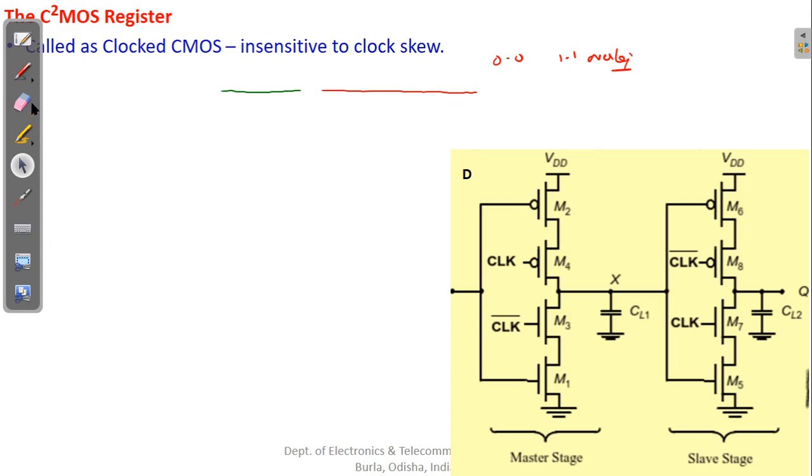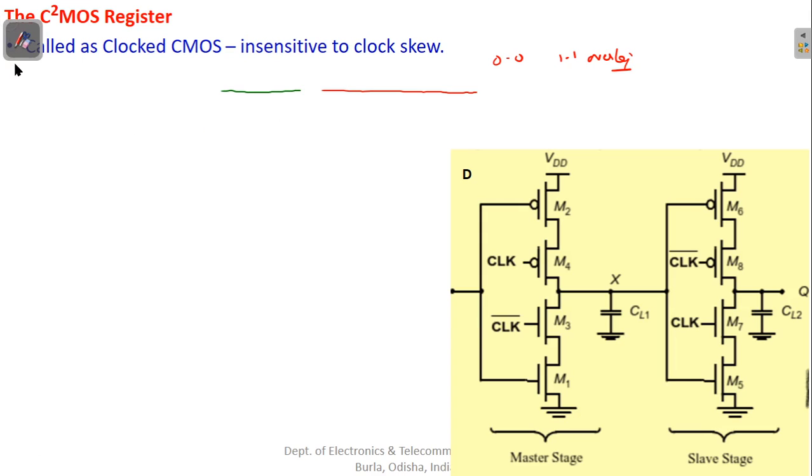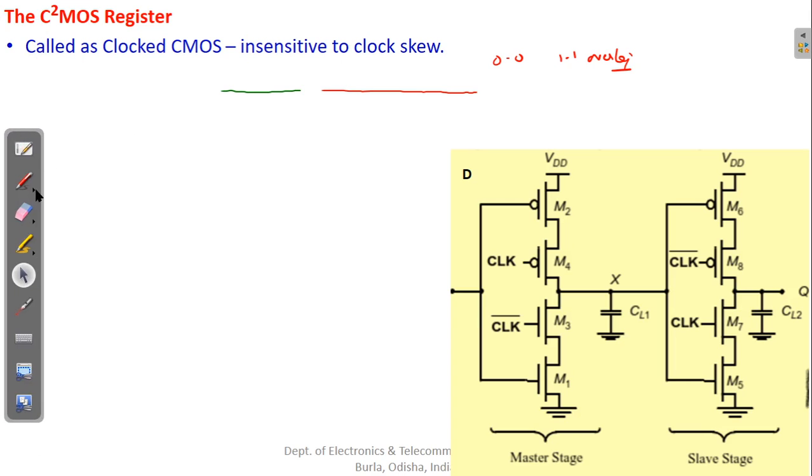Let me go to the full mode. So look at this circuit. It again consists of two stages. This is the master stage, and this is the slave stage.